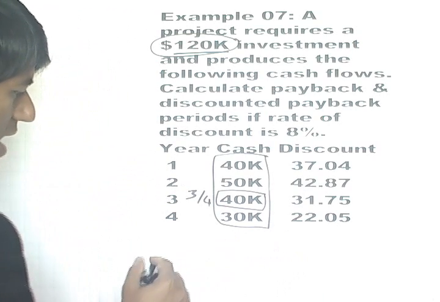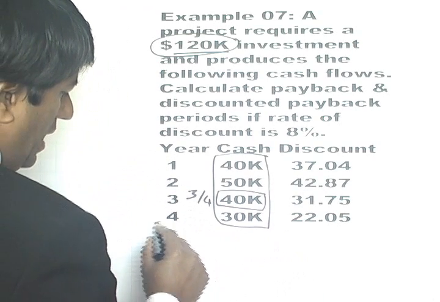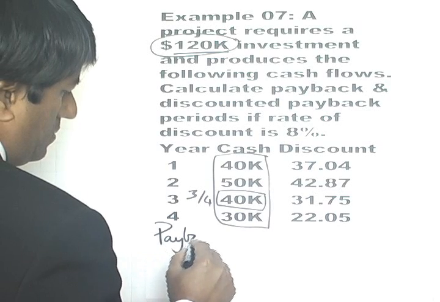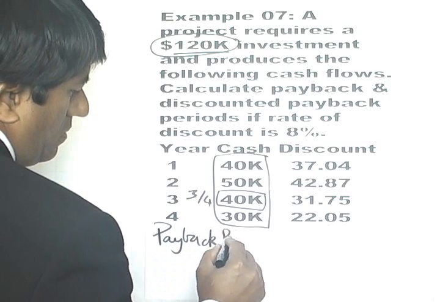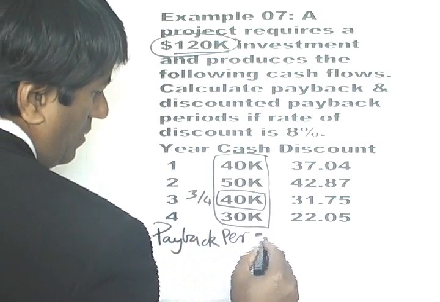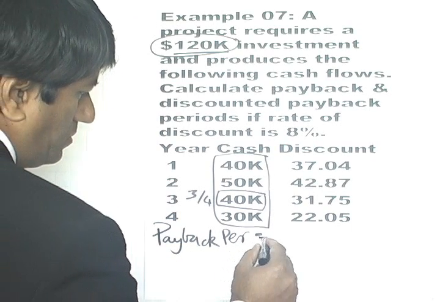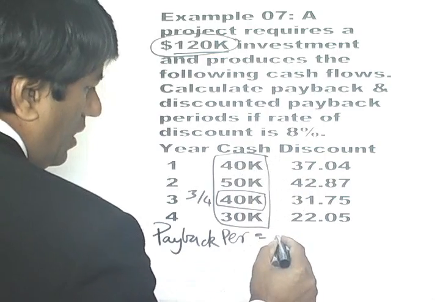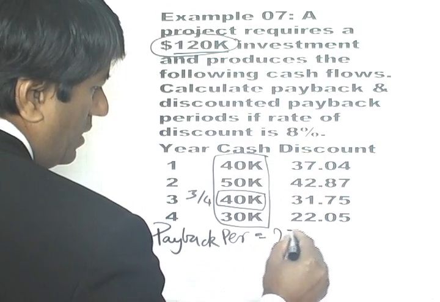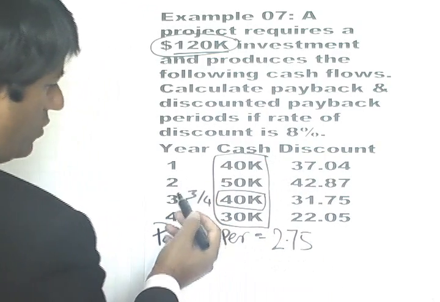So your payback period is equal to 2.75. That's 1, 2, and 3/4.